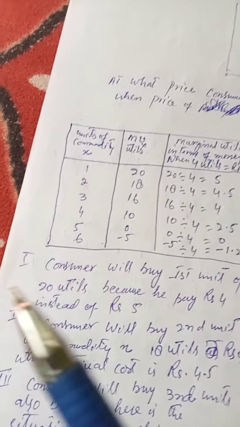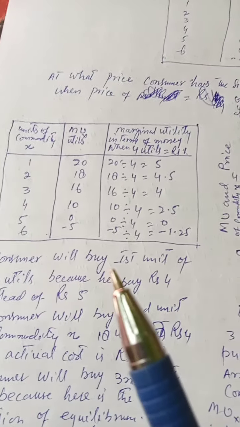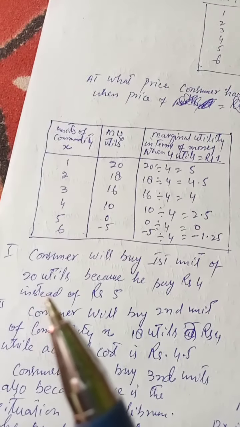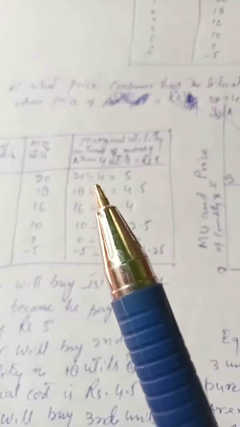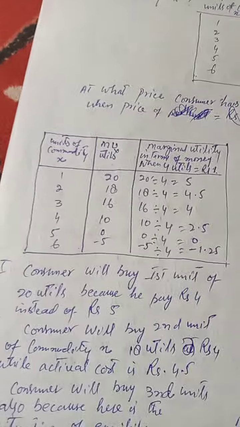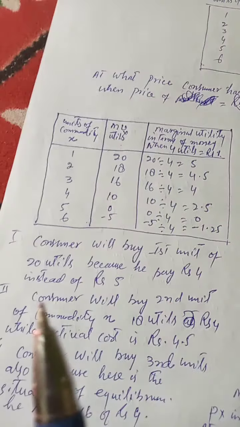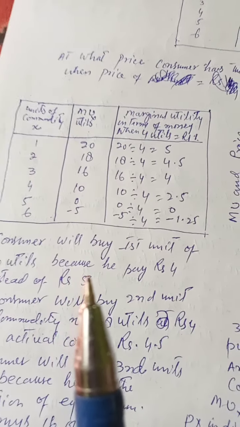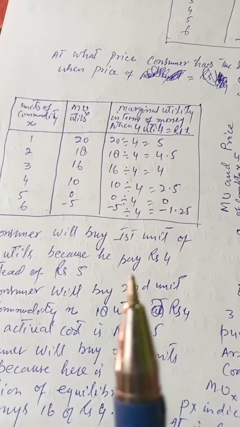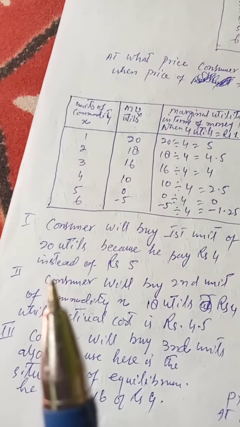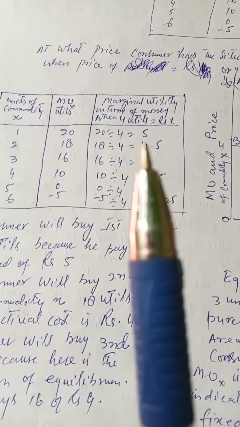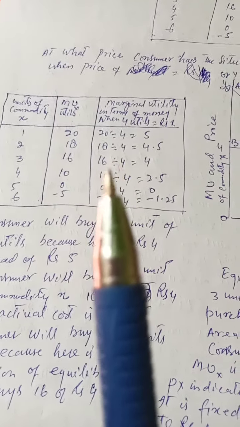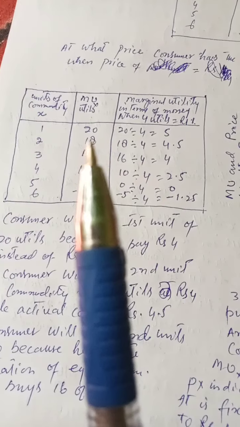Number first, the consumer will buy the first unit of 20 utilities, because he pays rupees 4 instead of rupees 5. Here the cost of 20 utilities is rupees 5, but actually he pays rupees 4, so he will buy these 20 utilities.